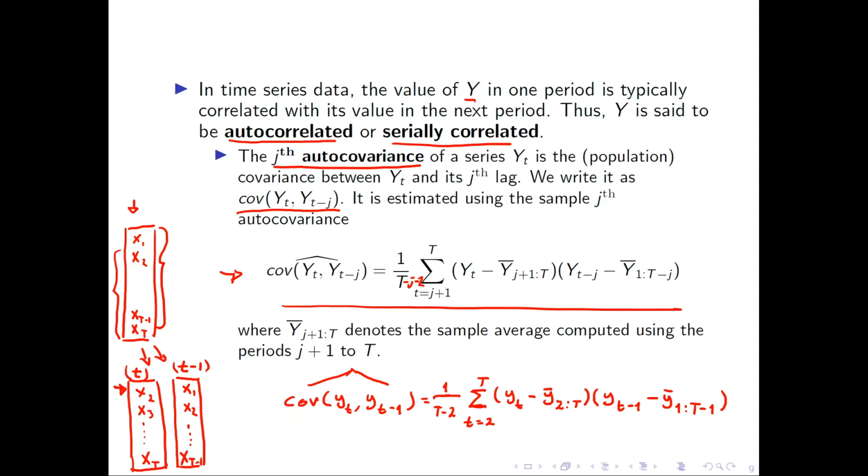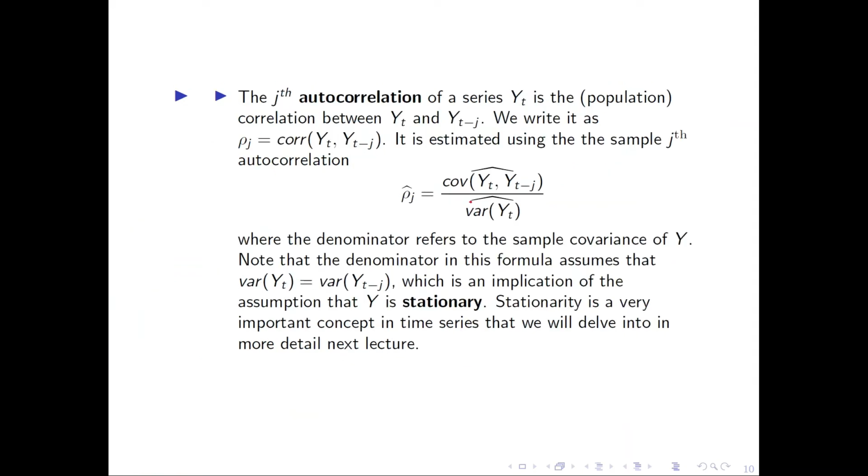But whenever you want to understand an equation, just put in numbers and make your own example of it. Now that we have the autocovariance, we can calculate the autocorrelation of a series. And this is just the autocovariance between yt and its jth lag divided by the sample variance of the yt variable. Just note that the variance here is for yt.